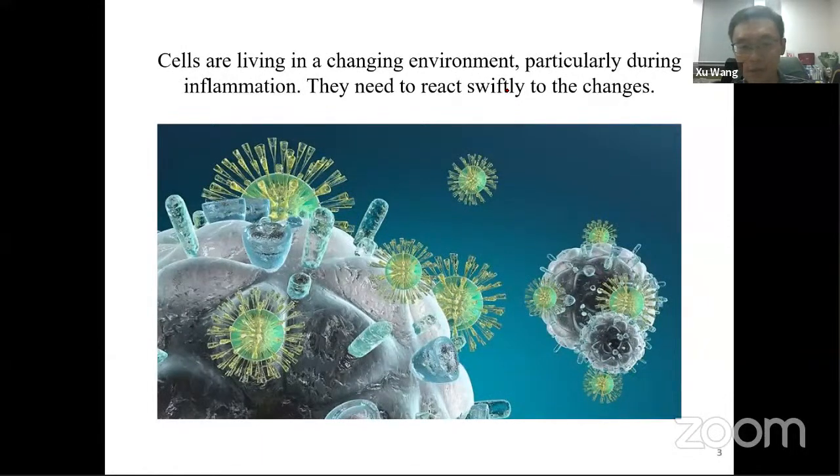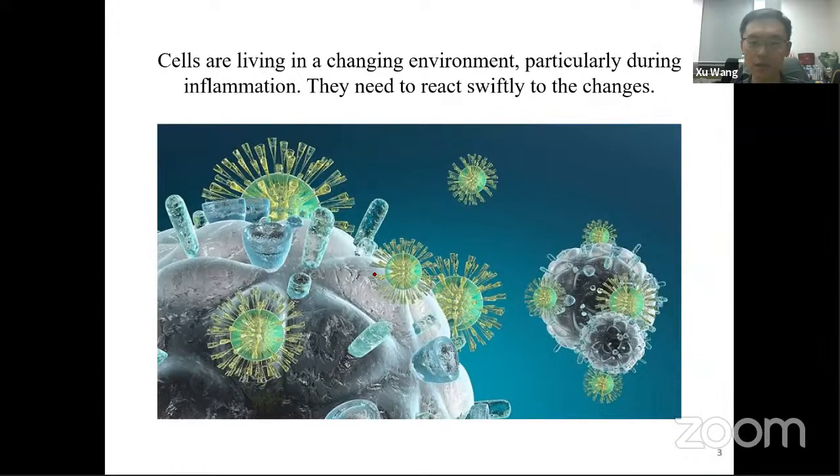Otherwise, they will have problems, just like people. So we also need to respond fast to the changing environment. Especially when there is infection, we know there are many pathogens, for example, viruses and bacteria, and the cells must react fast and correctly to the infections. Otherwise, the body will get a severe infection.